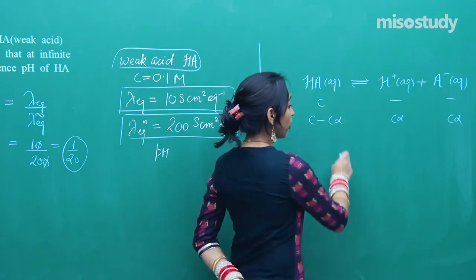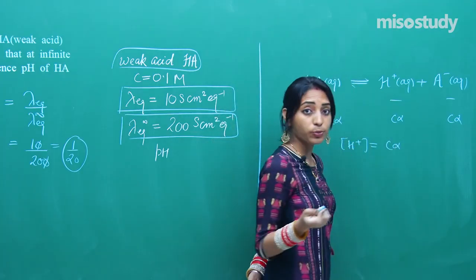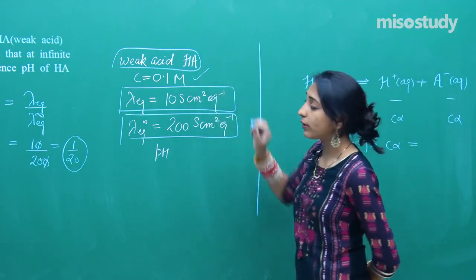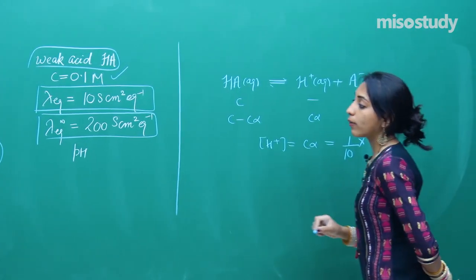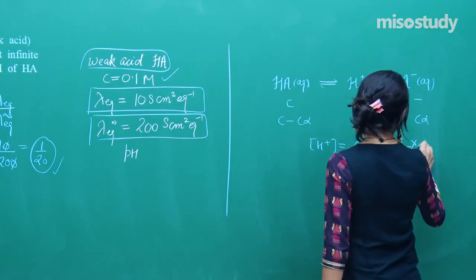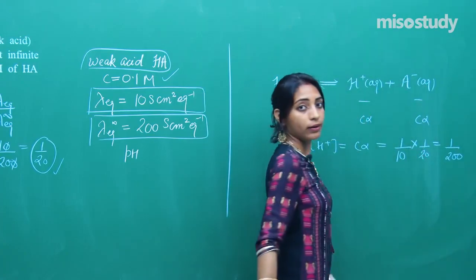What is the concentration of H plus? Concentration of H plus is C alpha. Let's put the values. What is the value of C given to me? You can see 0.1. So I'll write 1 by 10 multiplied by the value of alpha, which is 1 by 20. So the answer is 1 by 200, right?